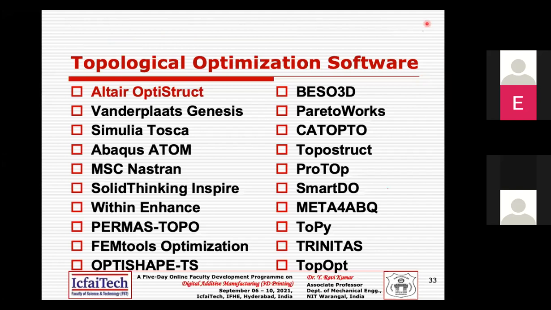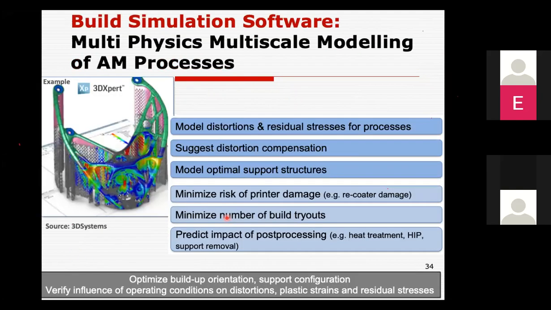So then you may find some topology optimization packages or software, like Altair OptiStruct, or you can have other software also, and we could even do simulation. So why do you want to simulate your builds before you fabricate?